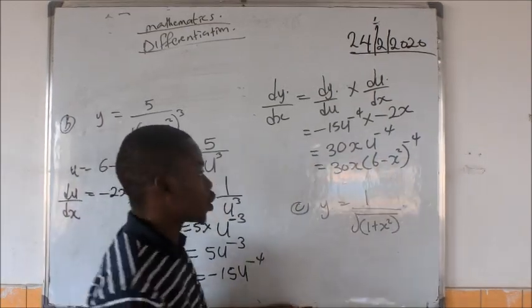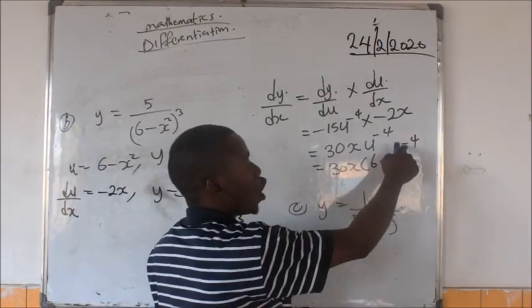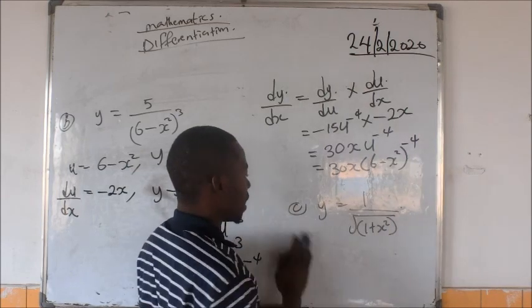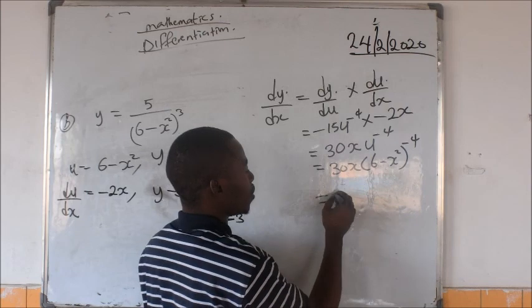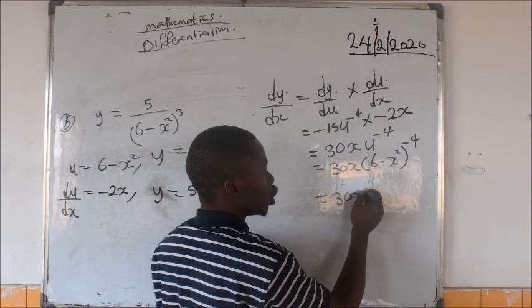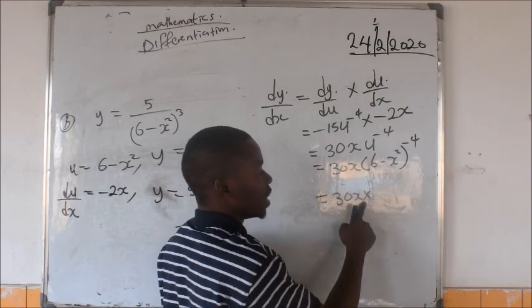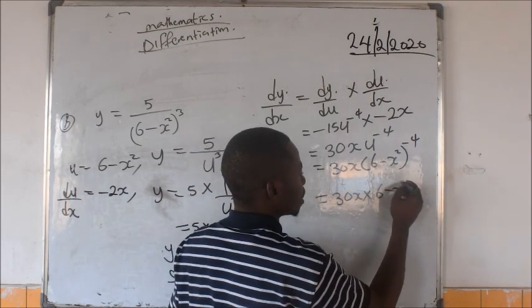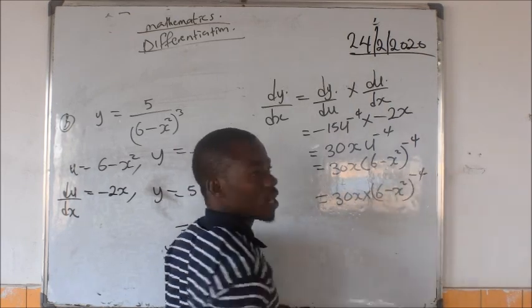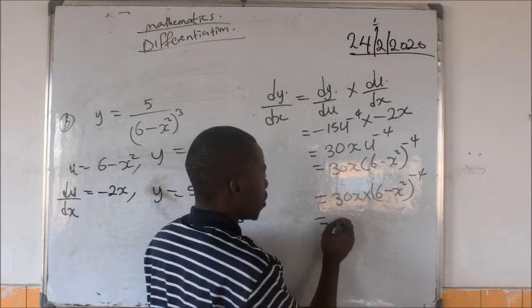Okay? I told you can leave your answer like this, or you eliminate that minus. If you want to eliminate the minus, you have 30x multiplied by 6 minus x squared raised to power minus 4.